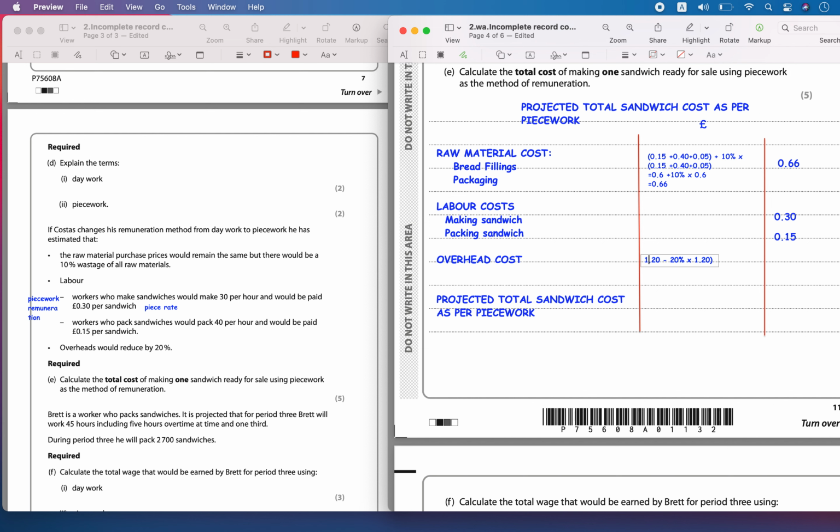That value is going to be equal to 0.96. Okay.